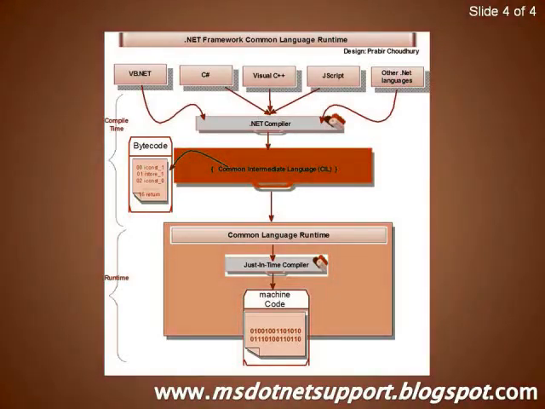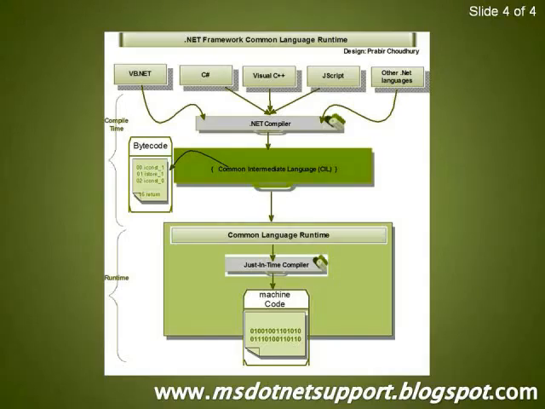When the code is first compiled to an IL, we get an exe or a DLL file. This is what we call an assembly. Once you ask this assembly to be executed, it is loaded into an application domain, or app domain, of the CLR.